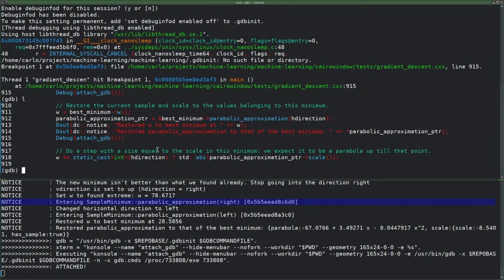Do we step at the size equal to the scale in this minimum? What minimum?